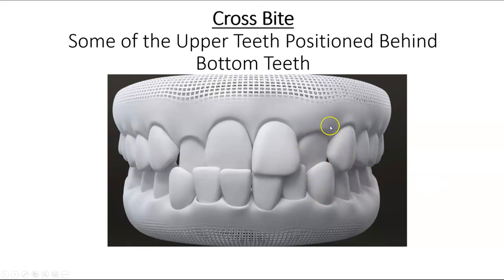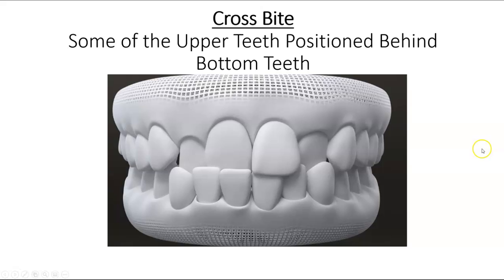So they're crossing to the wrong side, or they're crossing behind the bottom teeth. Now, not all the teeth will be crossbite. Not all the teeth are going to be in the wrong position. Some of them will be. It could even be that some in the front are, or maybe the front is all normal and maybe just one side of the mouth has a crossbite or the other side has a crossbite, or it could be a combination of crossbites.